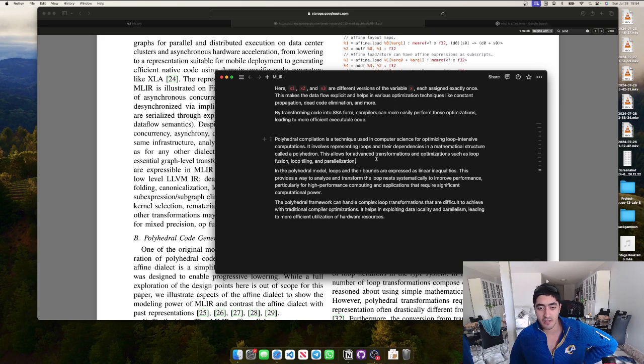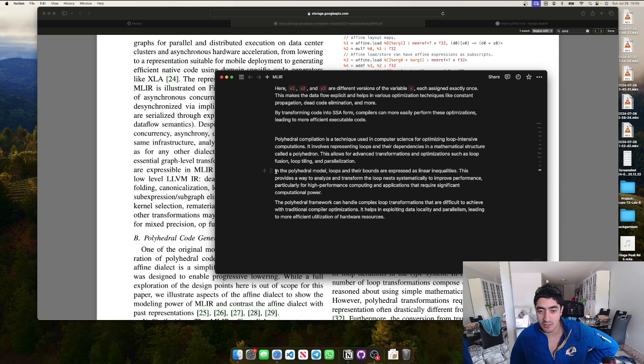This provides a way to analyze and transform the loops systematically to improve performance, particularly for high-performance computing and applications that require significant computational power. The polyhedral framework can handle complex loop transformations that are difficult to achieve with traditional compiler optimizations. It helps in exploiting data locality and parallelism, leading to more efficient utilization of hardware resources.